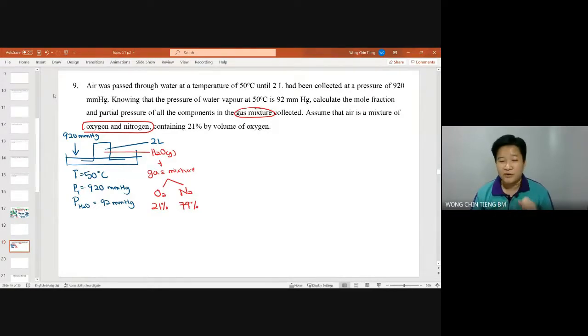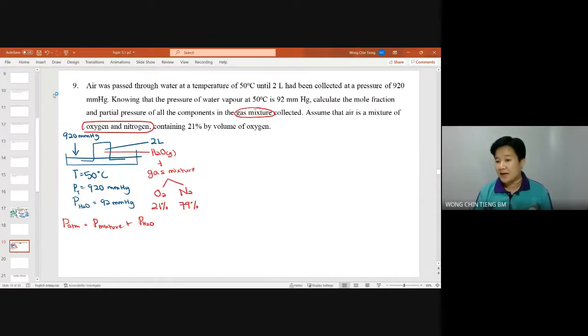Okay, read the question. So, macam biasa, when you want to calculate the partial pressure and the mole fraction, I guess the very first thing is to find the pressure of the mixture. So I have my P atm equals the P of my mixture plus my water. Saya guna perkataan mixture sebab total saya ada 2 orang.